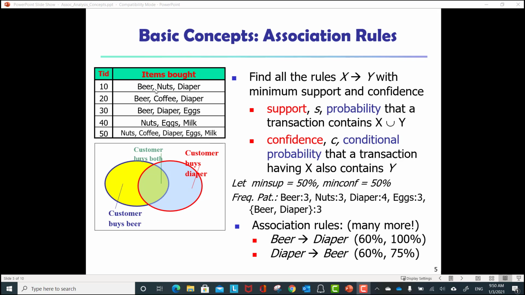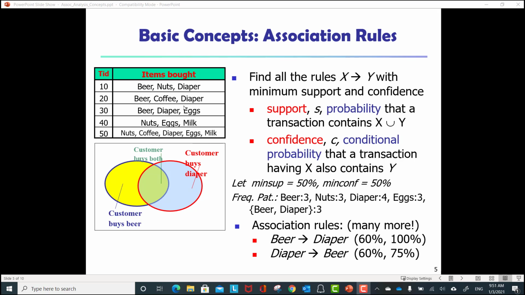So beer, 1, 2, 3, that should be fine, so 0.6. How about nuts? 1, 2, 3. So 3 out of 5, that's 0.6. That satisfies this minsup level.